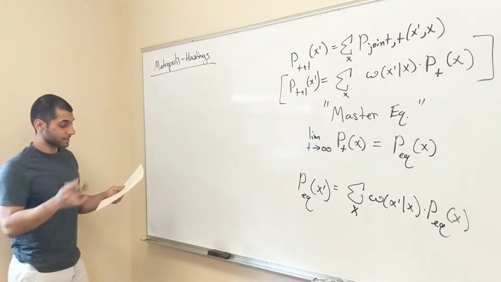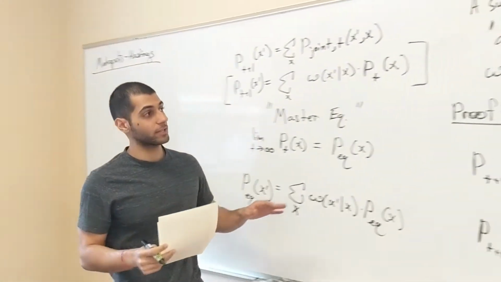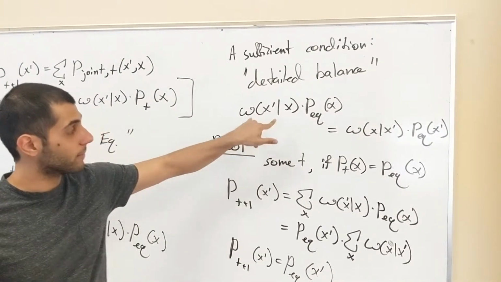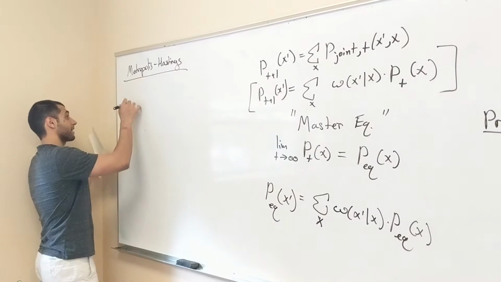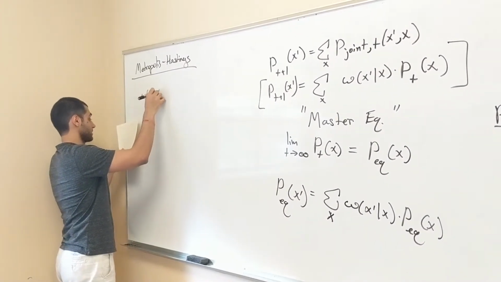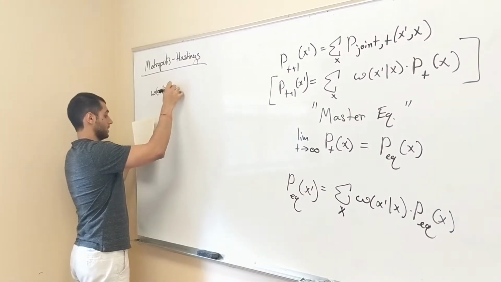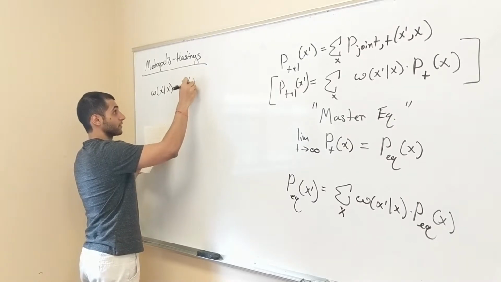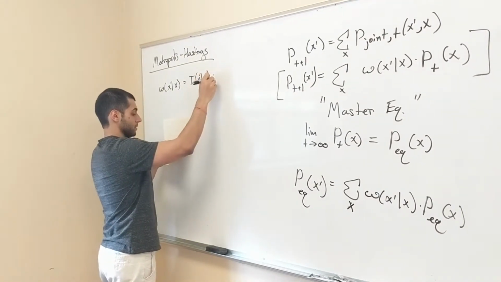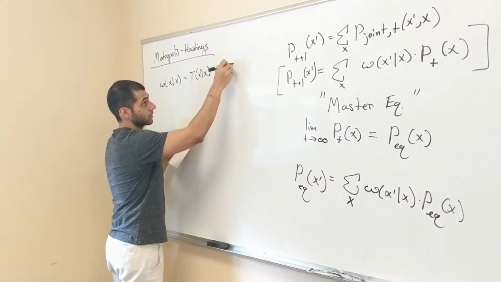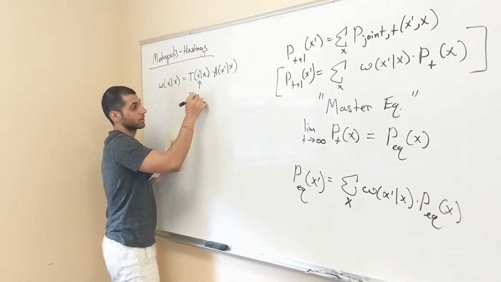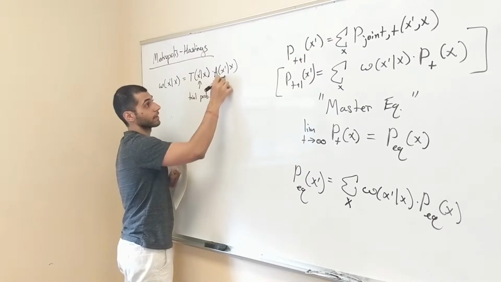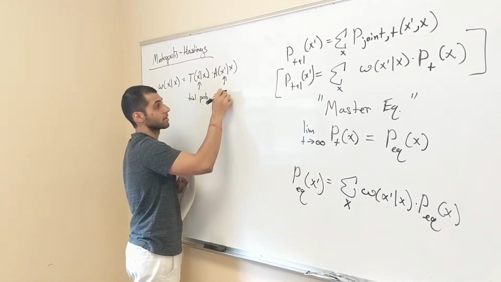So Metropolis-Hastings says, this omega matrix governs all the dynamics, so why don't we factorize this, or split this up into two different probabilities, where one is a trial probability and the other is an acceptance probability.